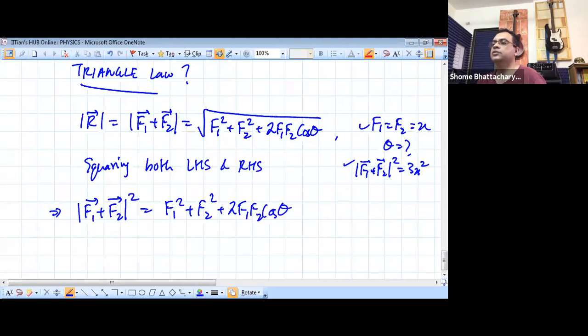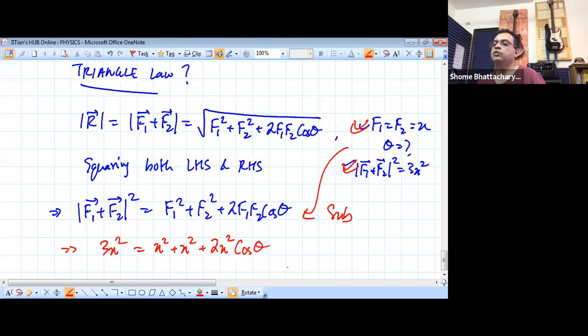So next all you have to do is you substitute this information, this thing and this thing, just substitute it here. Okay. So on substituting, the left hand side will become 3x square, the right hand side will become x square plus 2x square cos theta. And now all you have to do is solve for theta.